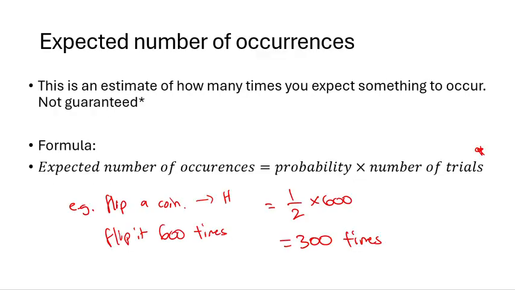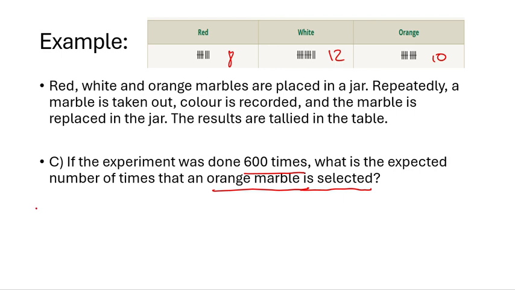What's our formula? Here we go. The expected number of times that an orange is drawn is the probability times the number of trials. So I need to first find the probability of orange. The probability of me drawing an orange on the next draw is 10 over 30, which equals 1/3 if you simplify it.